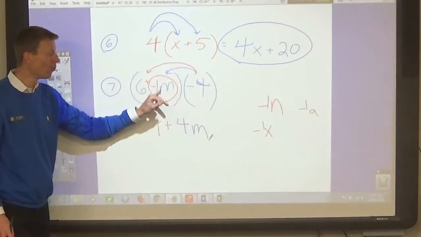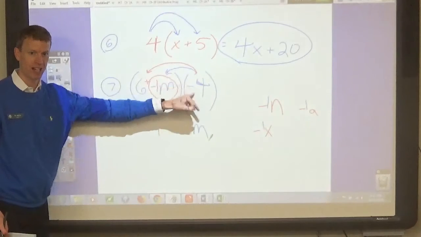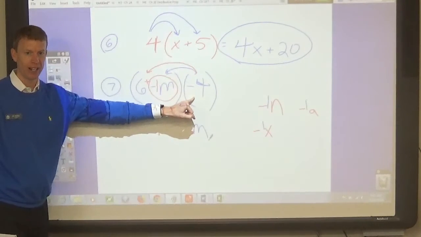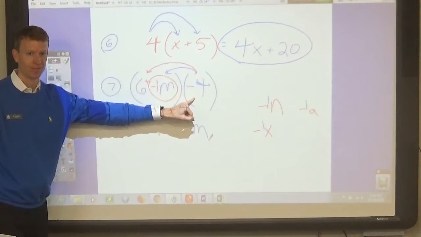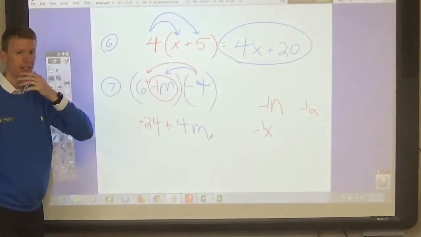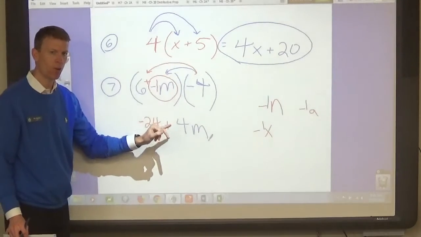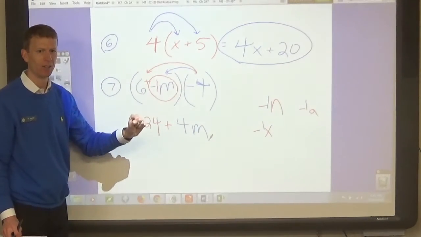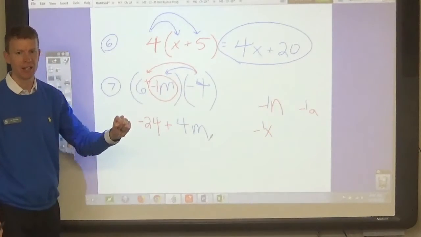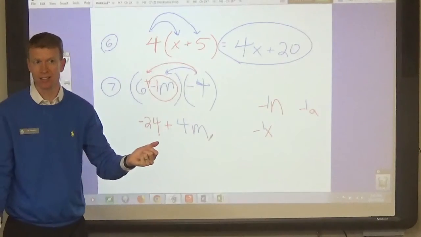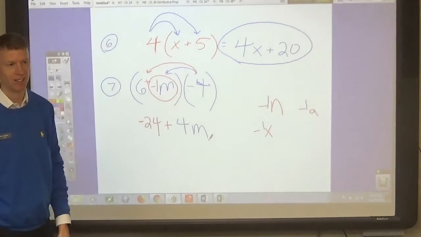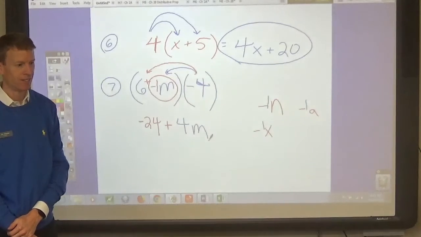Which is why you want to multiply negative times negative. Does that make sense? Otherwise, you end up with negative 4m, and then you have to rewrite it again as 4m. Okay?